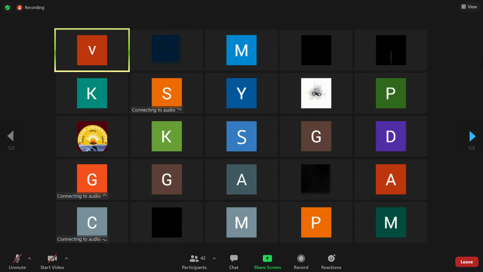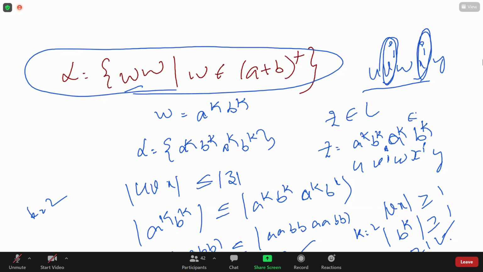So the next concept is completely push-down automata, which is PDA.